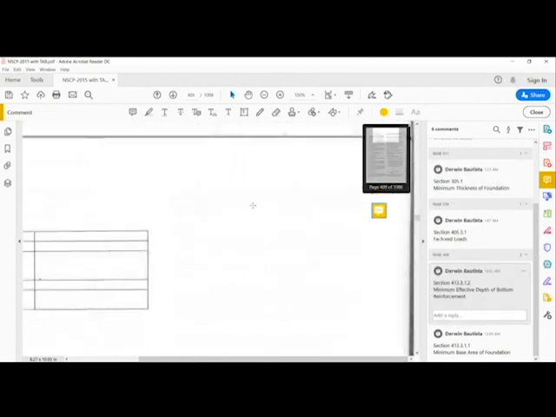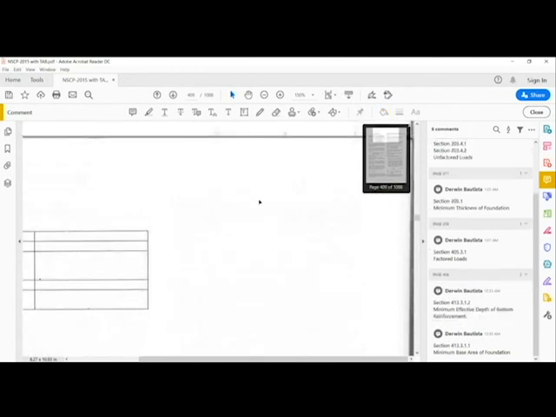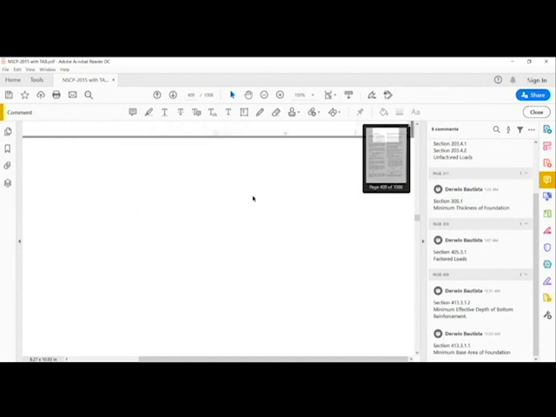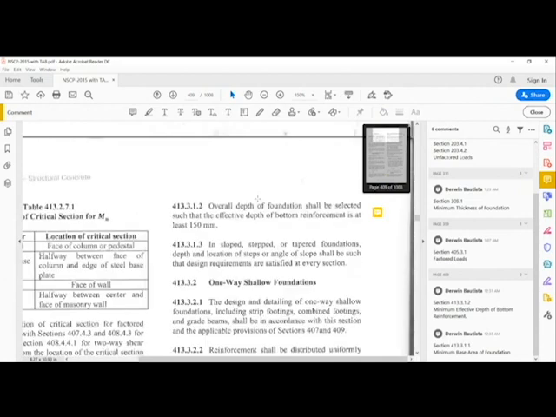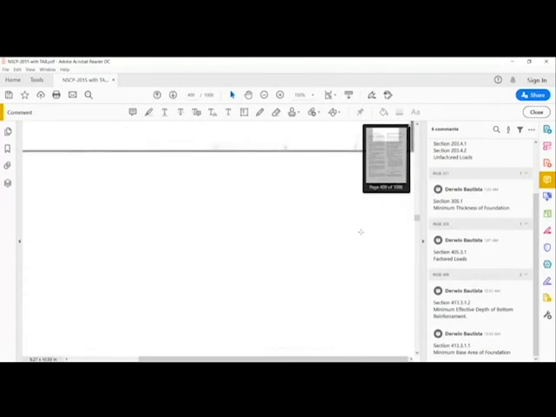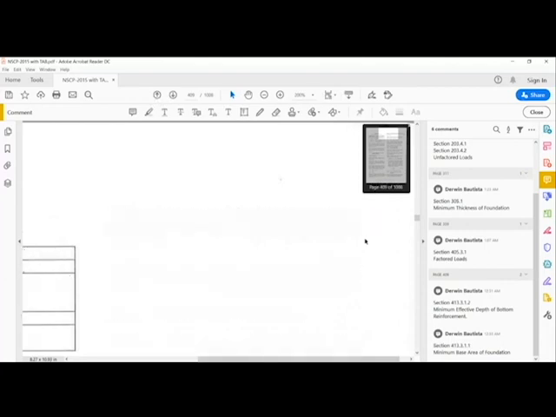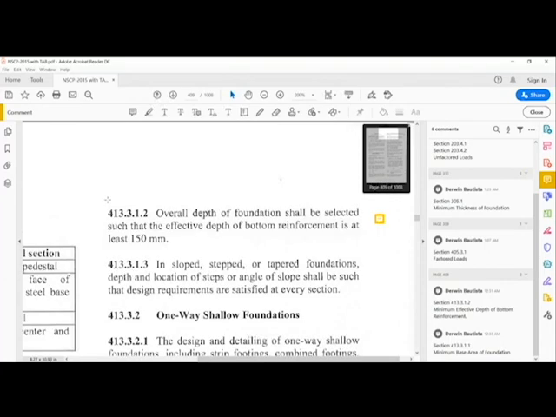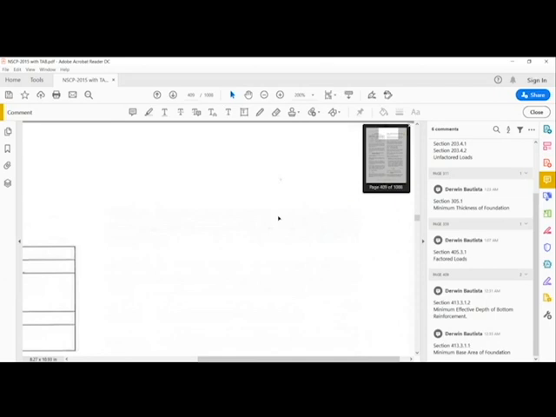Reading section 413.3.1.2, overall depth of the foundation shall be selected such that the effective depth of foundation reinforcement is at least 150 millimeter. Okay, so let's take note of that.